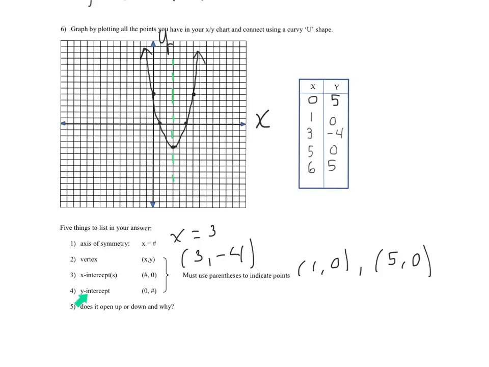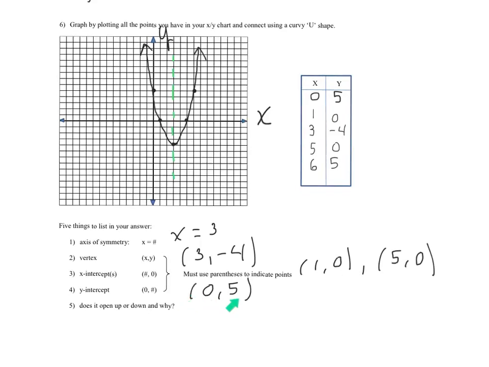And our y-intercept, there would be one of those. It was right here, right on the y line, so that was 0, 5. And we want to write that with parentheses around it as well. So here are the coordinates of our y-intercept. Some students get these two confused. Just think about it and don't reverse them when you answer the question.